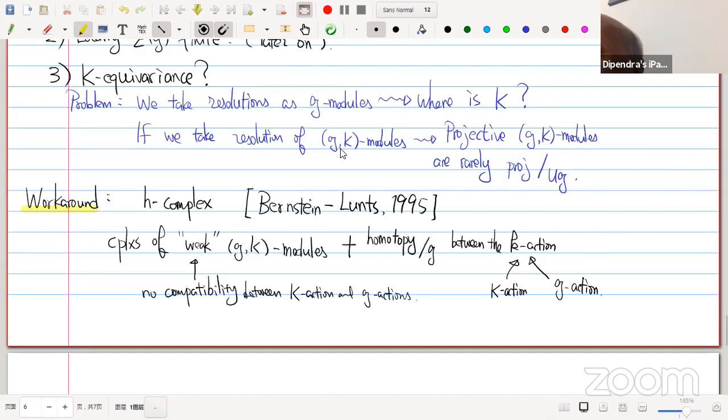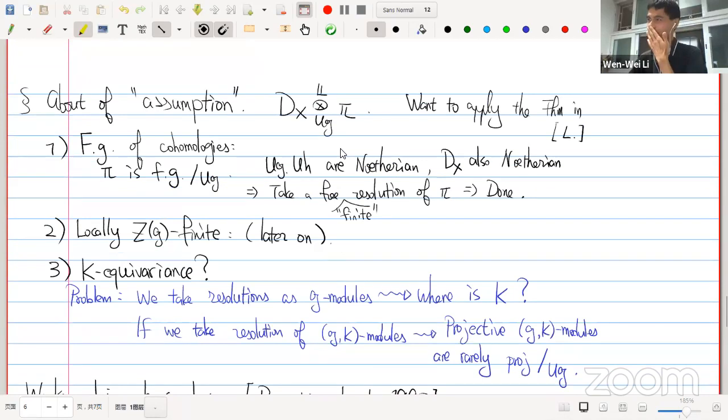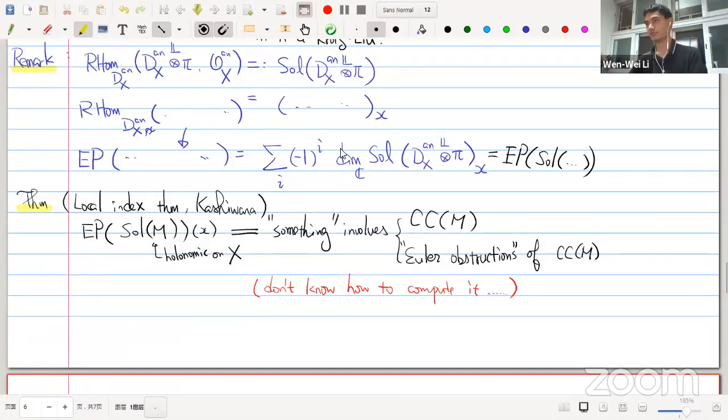GL2 to GL1, maybe, but I think that might be already difficult for me because in this approach, I have to compute some characteristic cycles of D-modules, and maybe that's computable, but I don't have any idea so far.